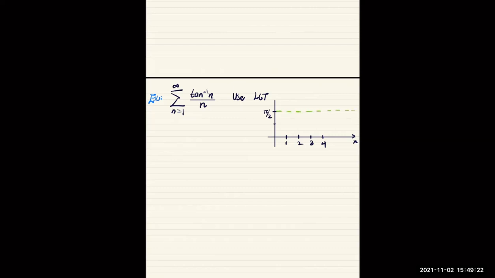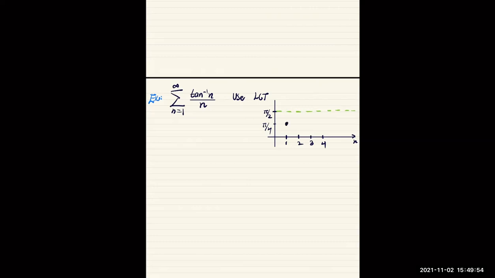Okay, and if I were to graph this sequence, n here doesn't start at 0. I mean, this is the graph of tangent inverse of x, right? But this is a sequence, n begins with 1. So tangent inverse of 1 would be pi over 4.